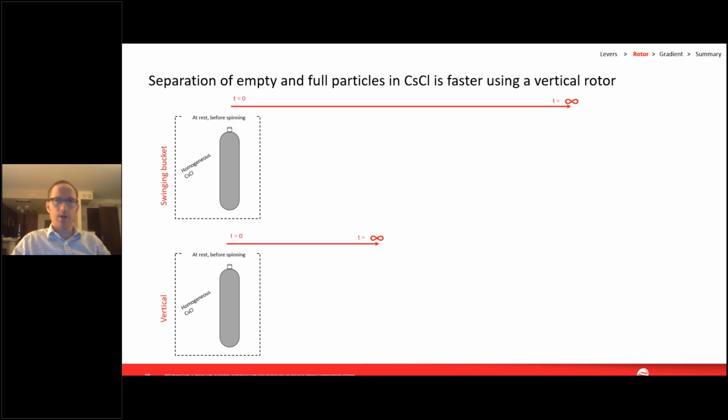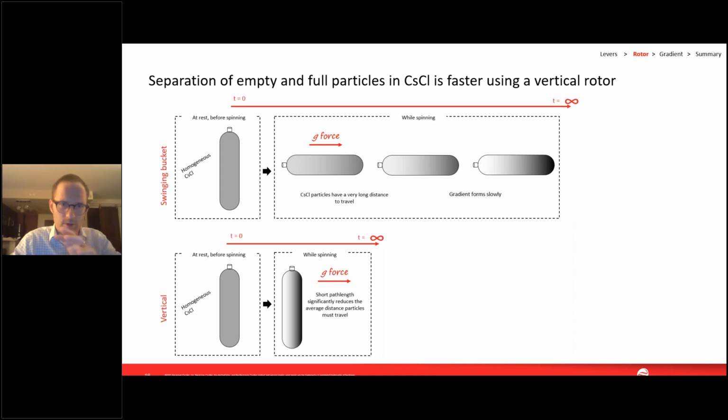Okay, let's talk about this path length. Why does this matter? The separation of the empty and full particles in cesium chloride is faster using a vertical rotor. I've got it just as an example here, the swinging bucket at the top and the vertical rotor at the bottom. We're just going to assume it's all homogeneous cesium chloride. While spinning in the swinging bucket rotor, you can see that the particles have a longer distance to travel.